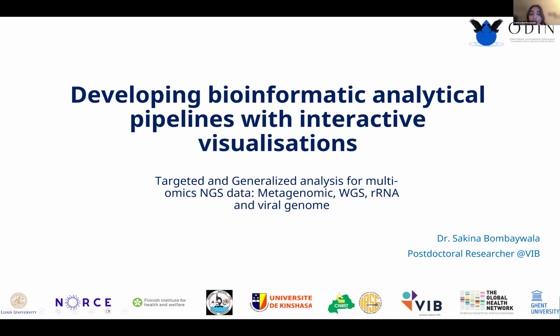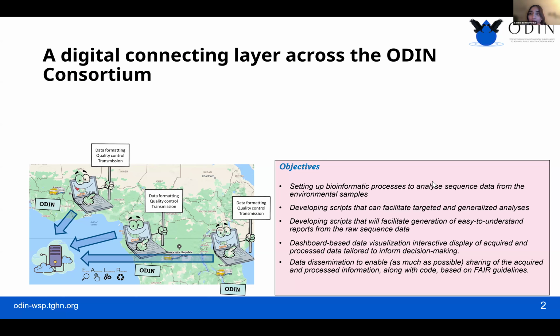So the objectives of our work are to set up bioinformatic processes for sequence data that is collected from our partners in the consortium, and then develop scripts for targeted as well as generalized analysis. I will talk about what is generalized and what is targeted analysis on the next slide.